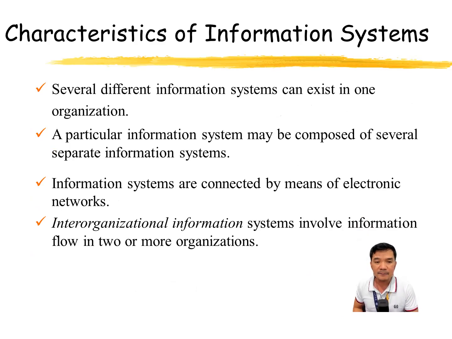First, given the system earlier and data, information, and knowledge, several different information systems can exist in one organization. So take note that if we say information system, although they are connected, they can be interpreted as separate systems depending on which task they are supporting. And it can be part of an information system, and although they are connected, it can be named in a different way.